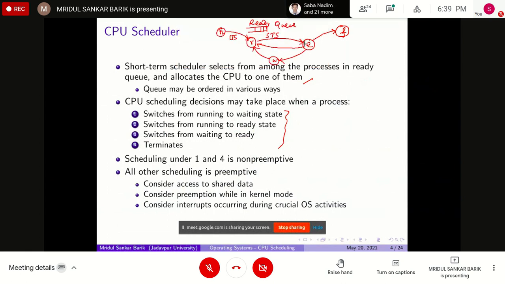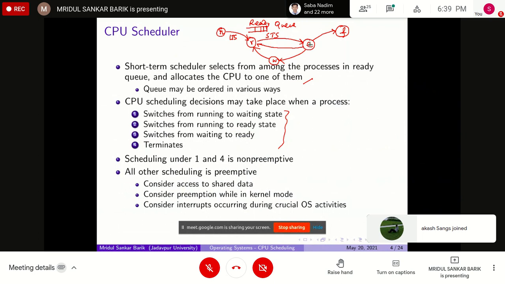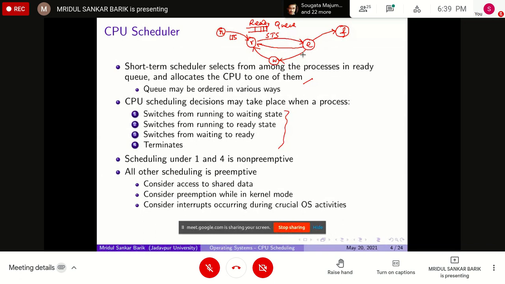A process was executing right here, and from running state it goes to waiting state. So the CPU is free right now. The short-term scheduler has to select one of the processes in ready state so that it can be given the CPU. So that is case number one.